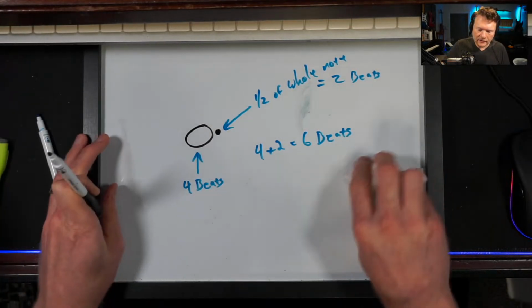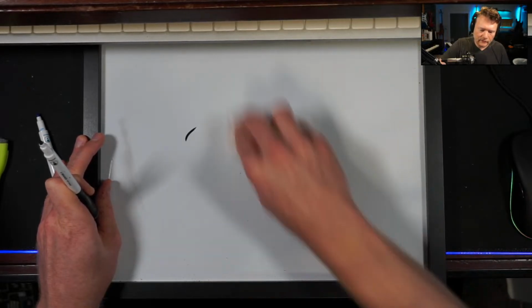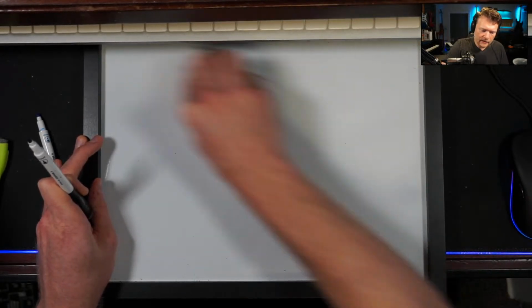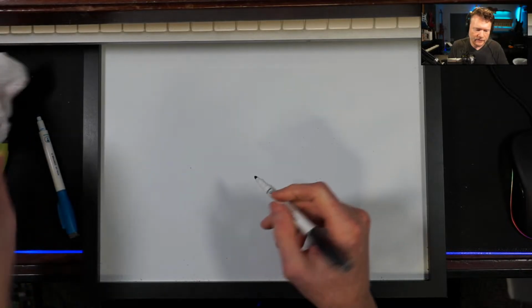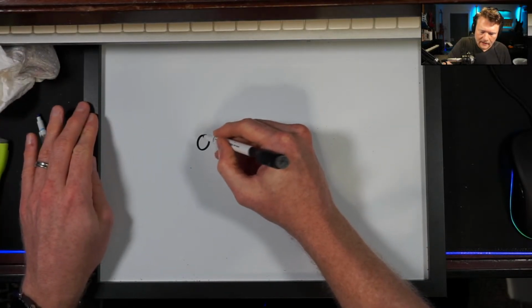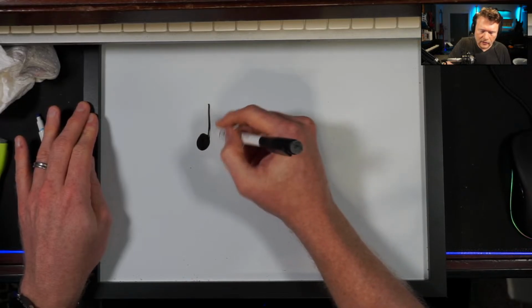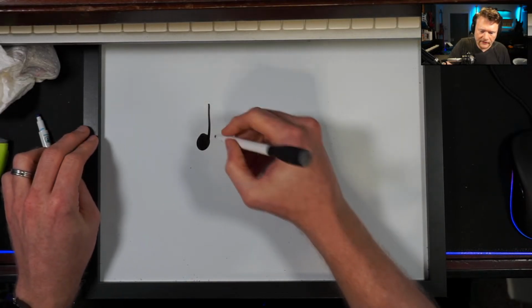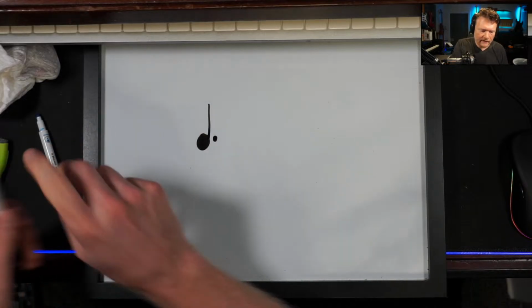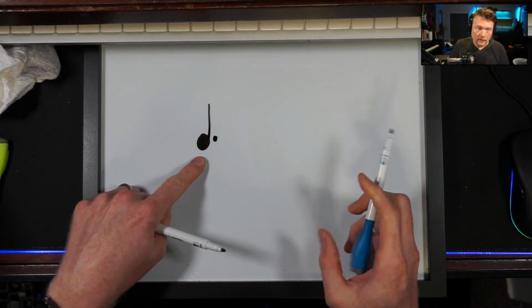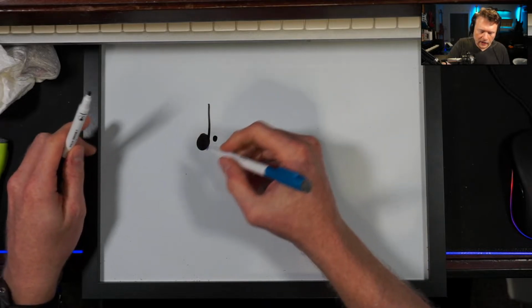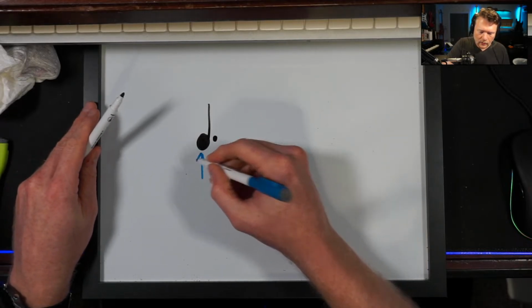Now here's where I think that people start to get confused, and that is the dotted quarter notes and the dotted eighth notes and dotted 16th notes and all that. So here we have a dotted quarter note. Again, a quarter note is going to be 1 beat.